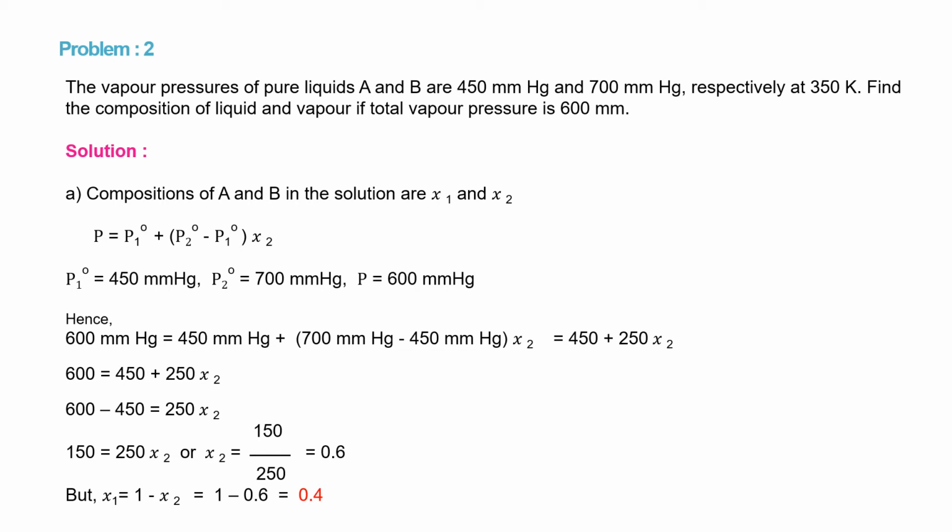So see, in this example, we have to find out the composition of both the liquids, that is A also and B also. So first of all, we find out the composition of X2, which is nothing but the composition of B. And then as we know, X1 plus X2 is equal to 1.